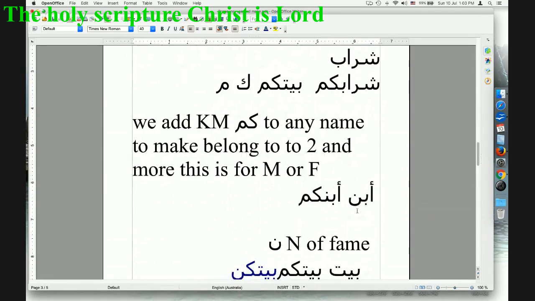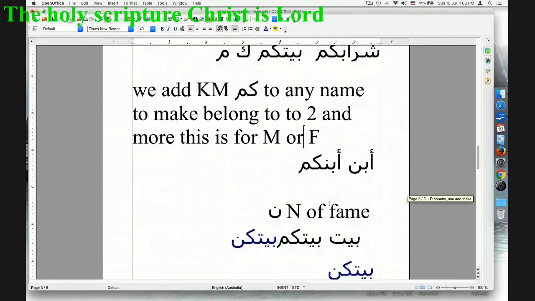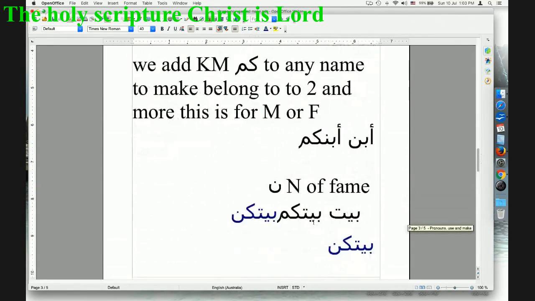So I just add kum to anything, and I will not worry about the male and female issue here, and this is the good thing about it. All right. So I just add kum to the object, and that will make it belong to the group. As we see here, bayt, we make it baytakum.